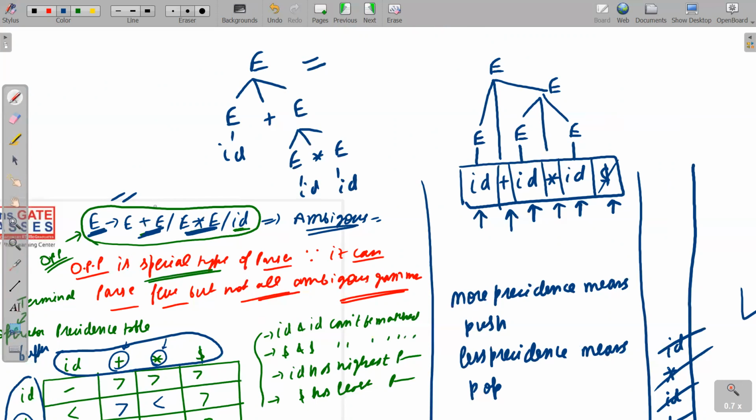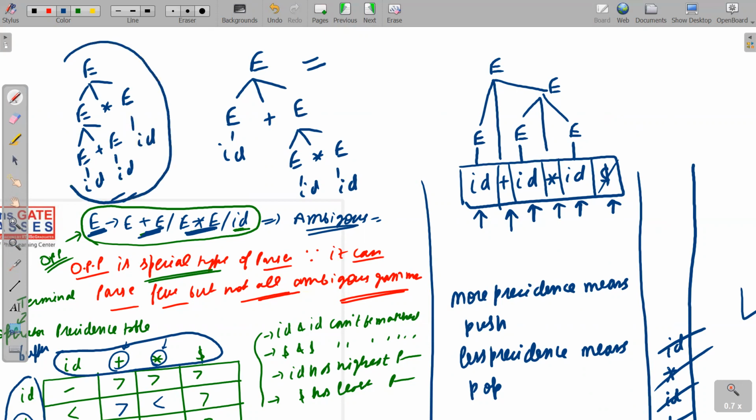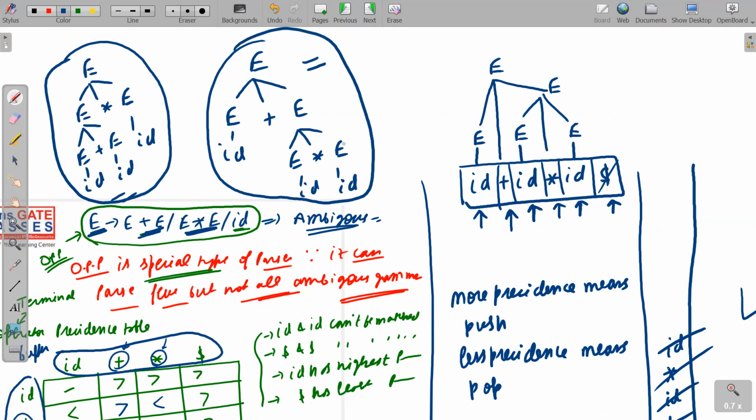Because the grammar is ambiguous, another parse tree can be like this also: E star E, and this goes to E plus E, and this goes to ID, ID and ID. But we have not constructed this parse tree. We have constructed the first one because we already know star has more precedence. This means that the star part is solved first, and then the plus.